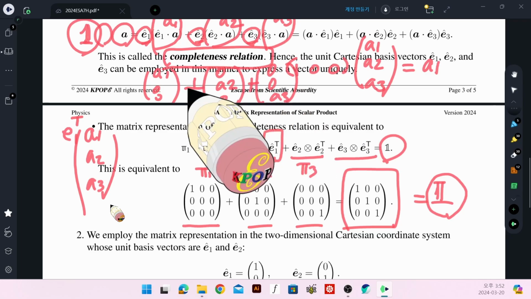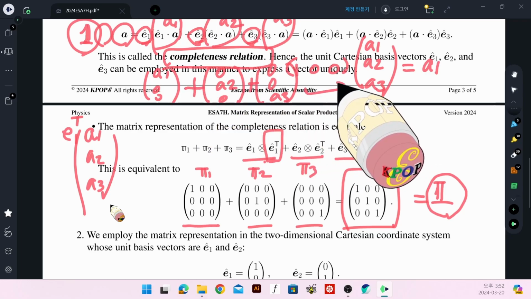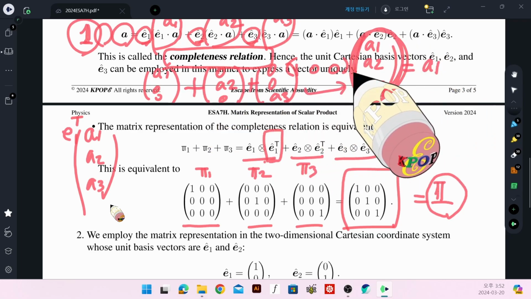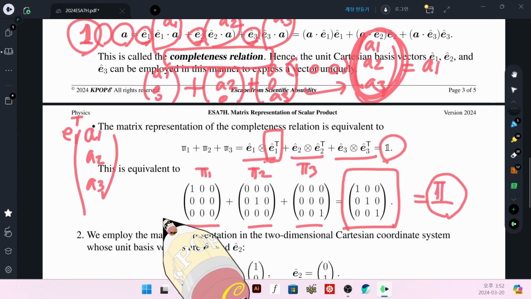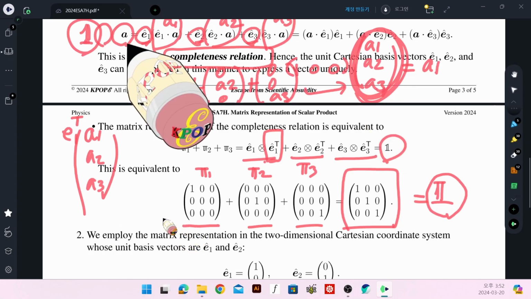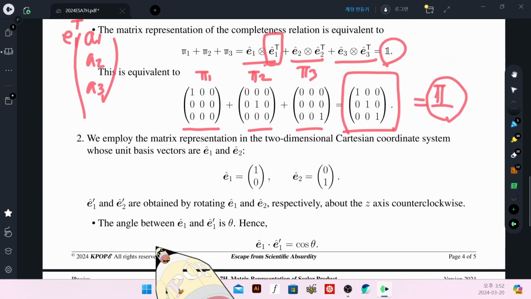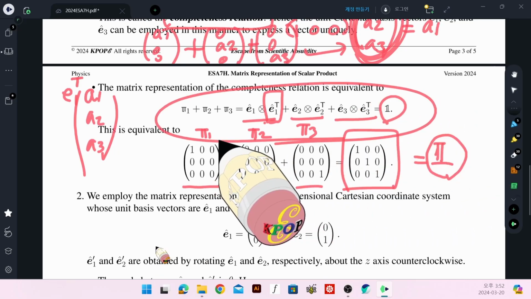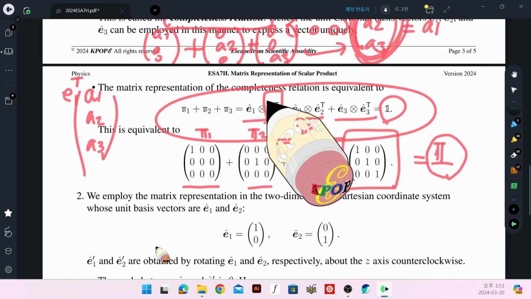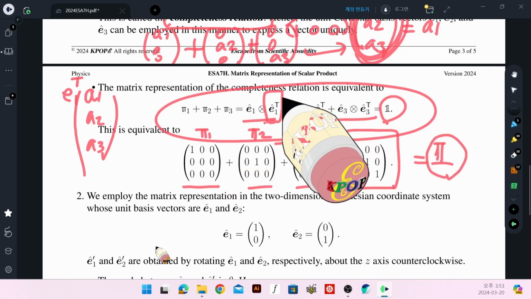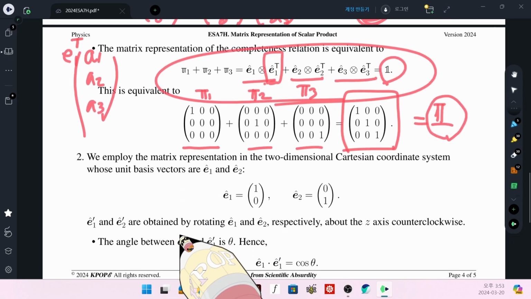If I sum them all, I can reproduce the matrix representation of the original vector A. This is the reason why we say this is a completeness relation. We reproduce the A vector in Euclidean space if I sum all possible projection operators along the Cartesian coordinates.